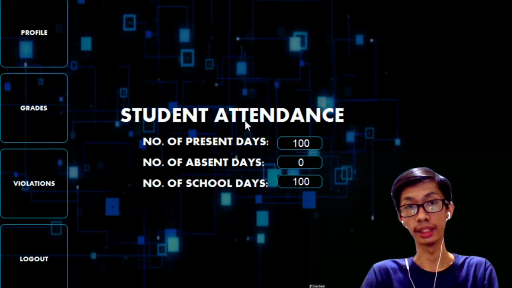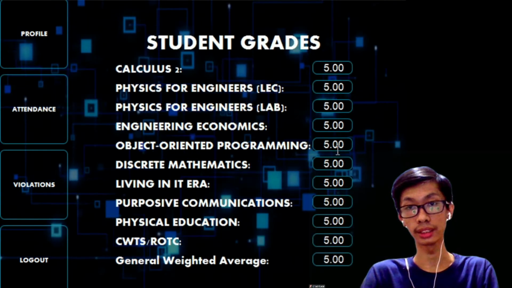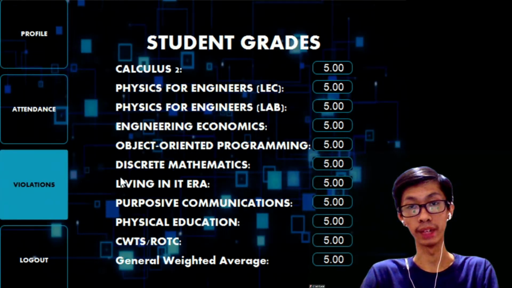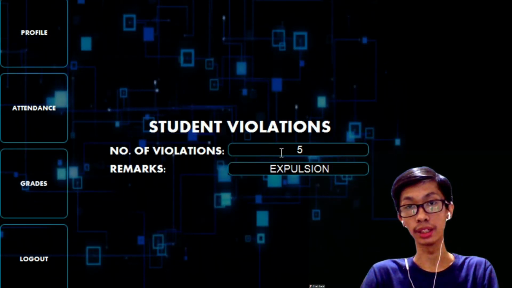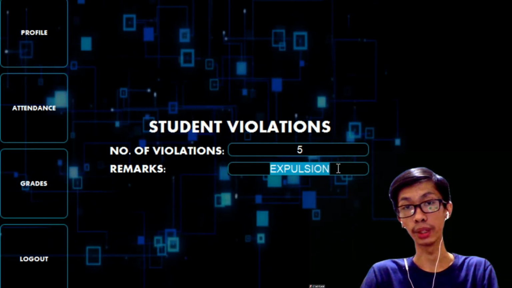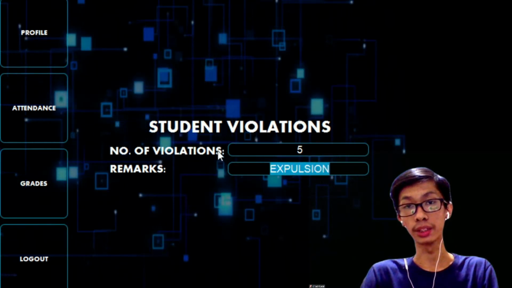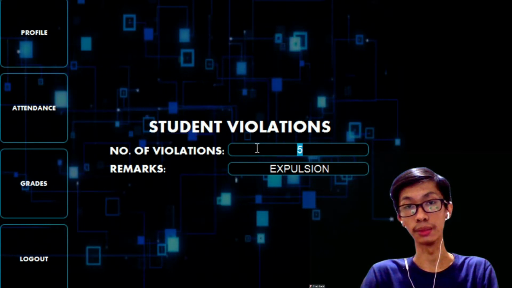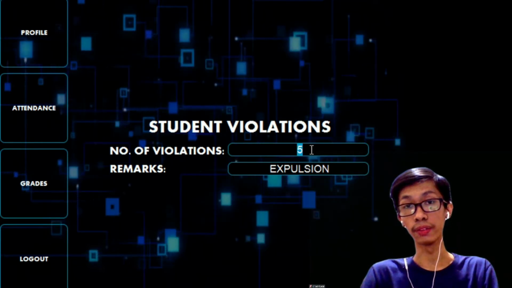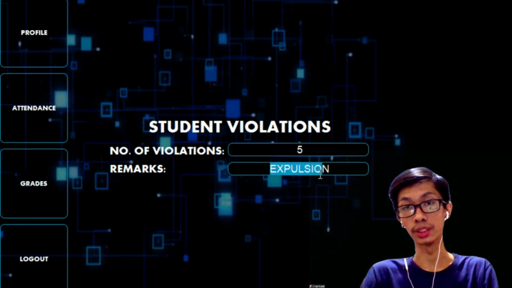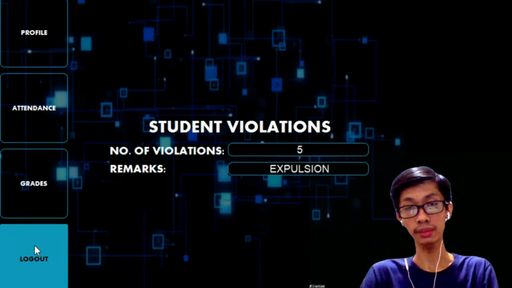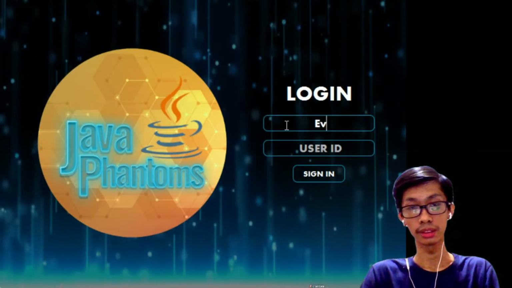So attendance 100, grades all 5 flat, and violations. As we can see here, the remarks change because the number of violations changed, which is 5, and the remarks for 5 is expulsion. So now let's try to go back. Logout successful.